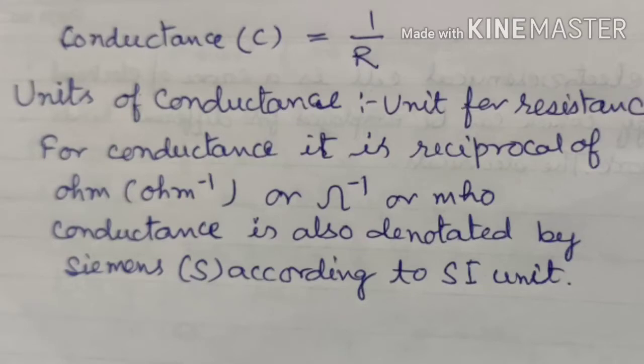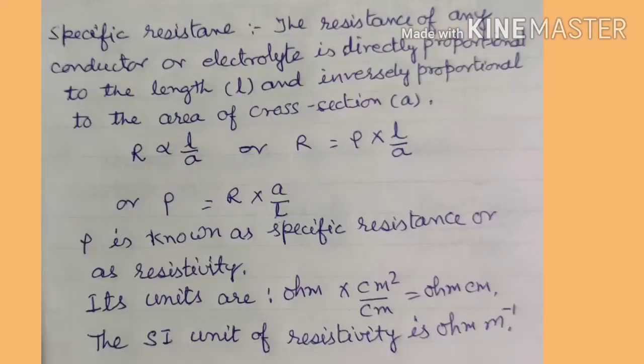Conductance is also denoted in Siemens according to the SI system, and it is represented by capital S. So conductance is the reciprocal of resistance, and the unit of resistance is ohm, so the unit for the conductance is ohm inverse.